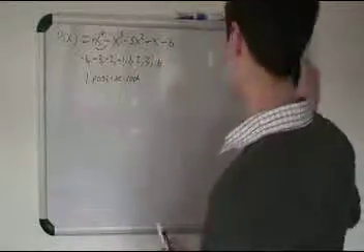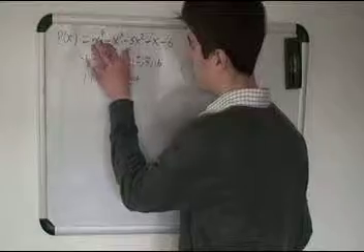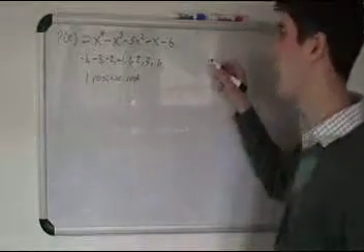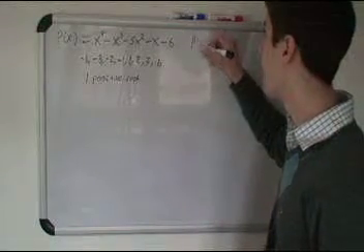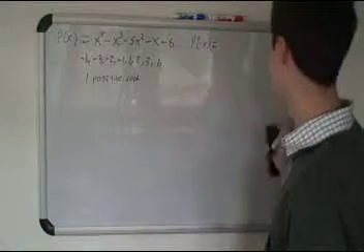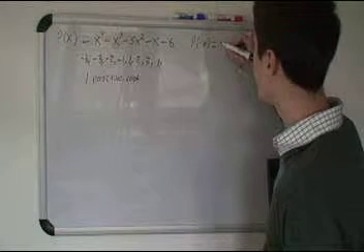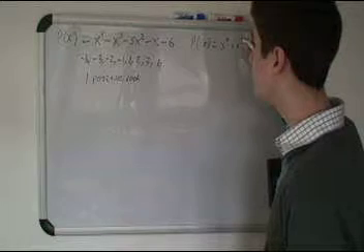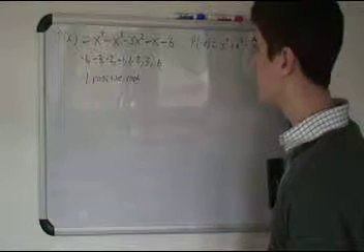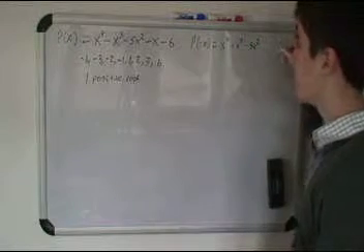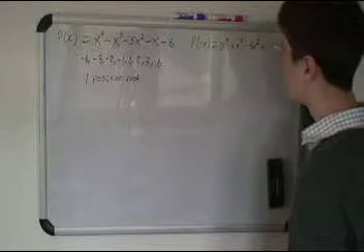And so now, to find the number of negative roots, we're going to put p of -x into our function. So we'll have p of -x equals x to the power 4 plus x cubed minus 5x squared plus x minus 6.